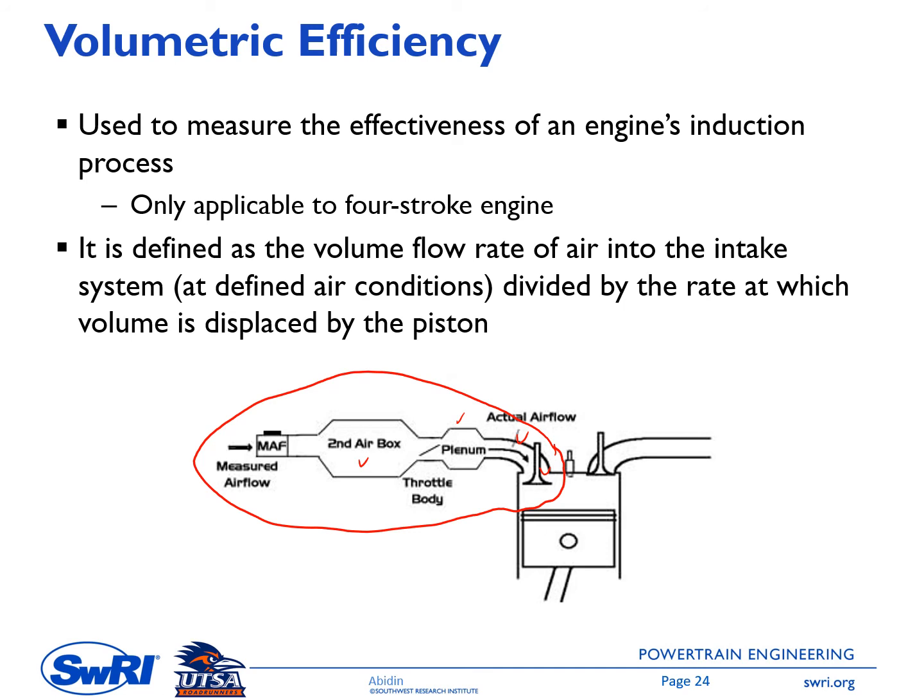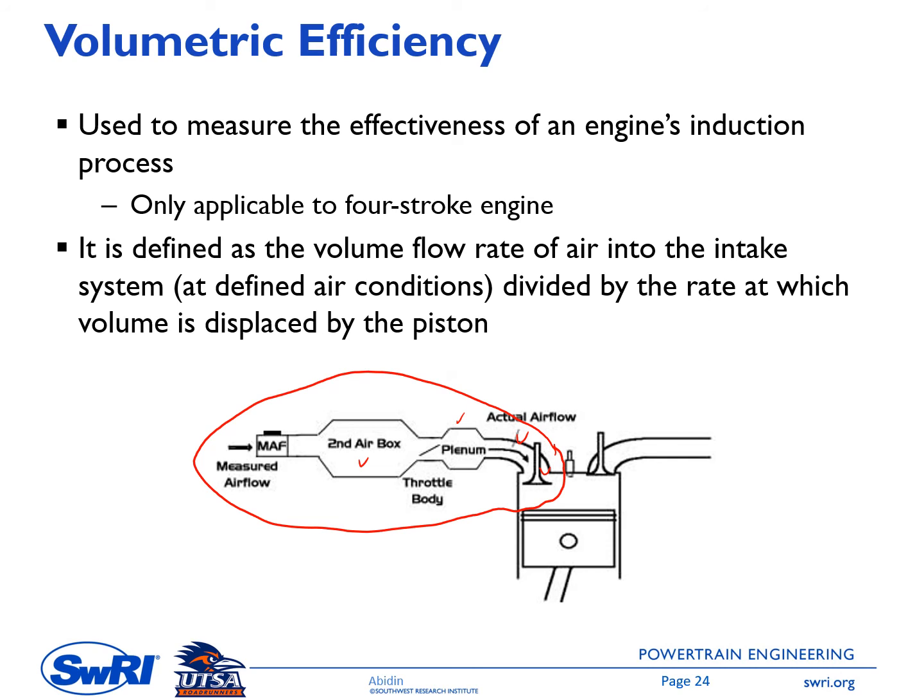It restricts the amount of air which an engine of a given displacement can induct. The parameter used to measure the effectiveness of an engine induction process is called volumetric efficiency, and this is only applicable to a 4-stroke engine.